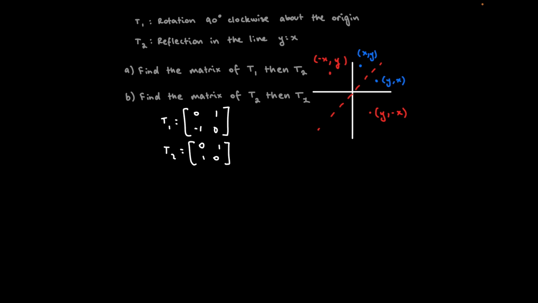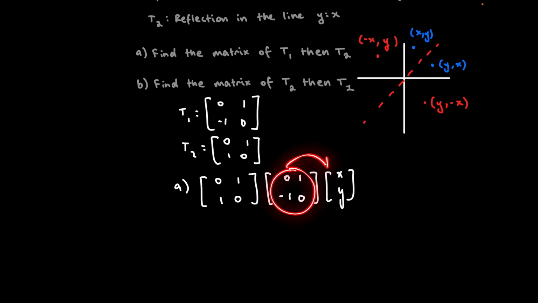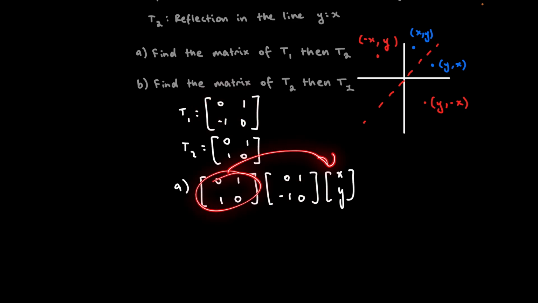So now let's work out what is T1 times T2, then T2 times T1. For part A, if we're doing matrix T1 first and then T2, we would actually multiply it in the order of T2 first and then T1. Because remember, when we apply it to some coordinate x, y, it's this matrix that gets multiplied first, which happens to be T1, then this matrix, which is T2.